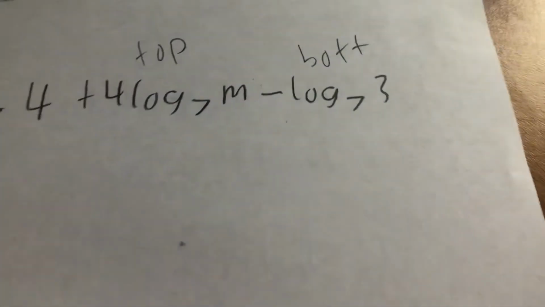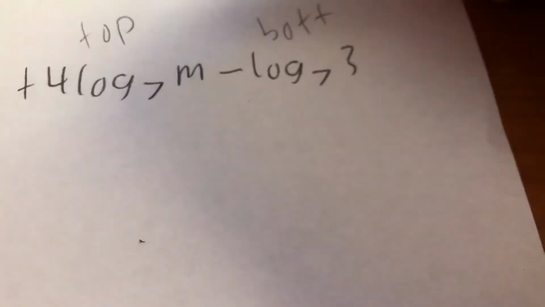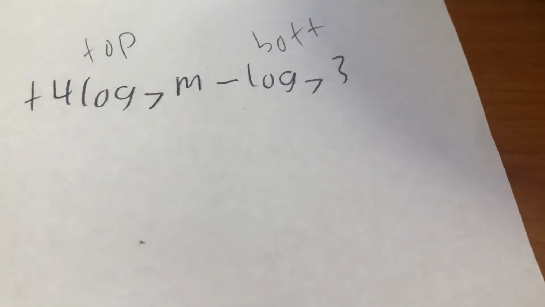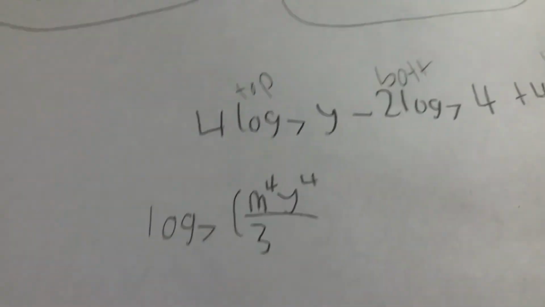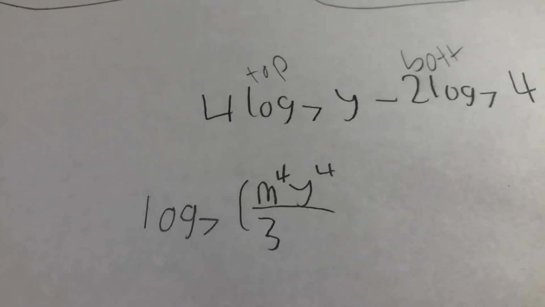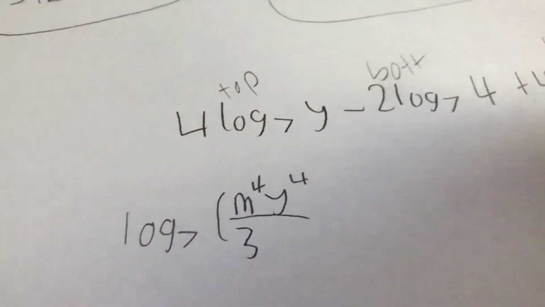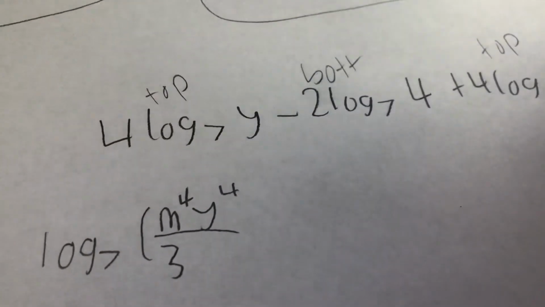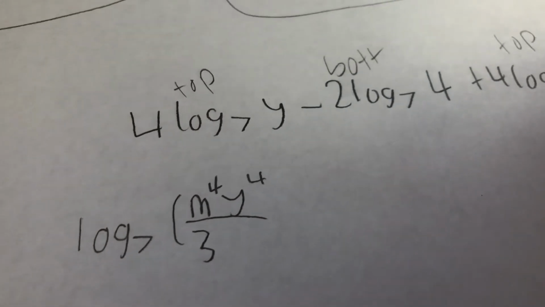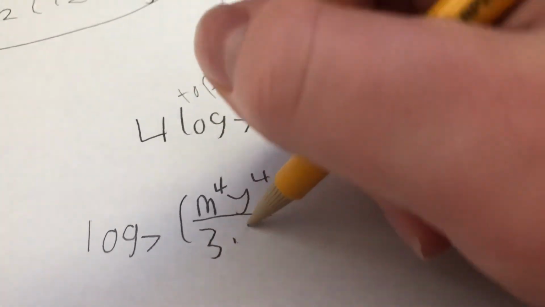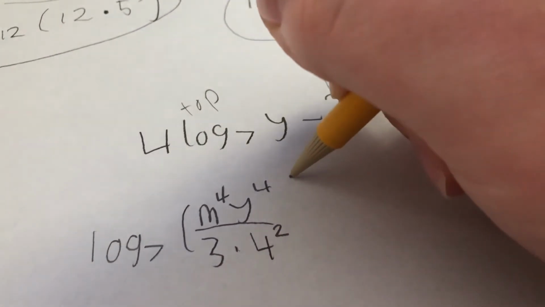And as we can see right here, there's no exponent, so it would just be 3. So moving on over here, we have our answer up top, of course: 2 log to the base of 7 and then 4. And that's what we're going to write. So times 4 to the second power.